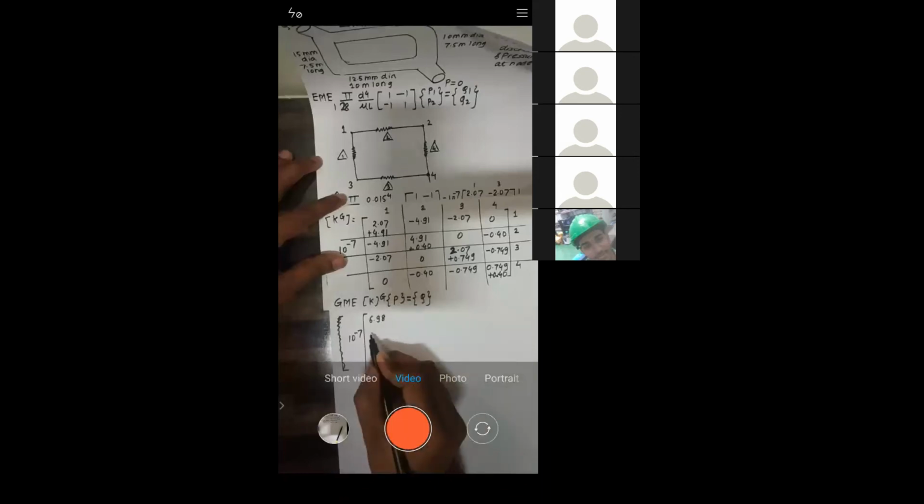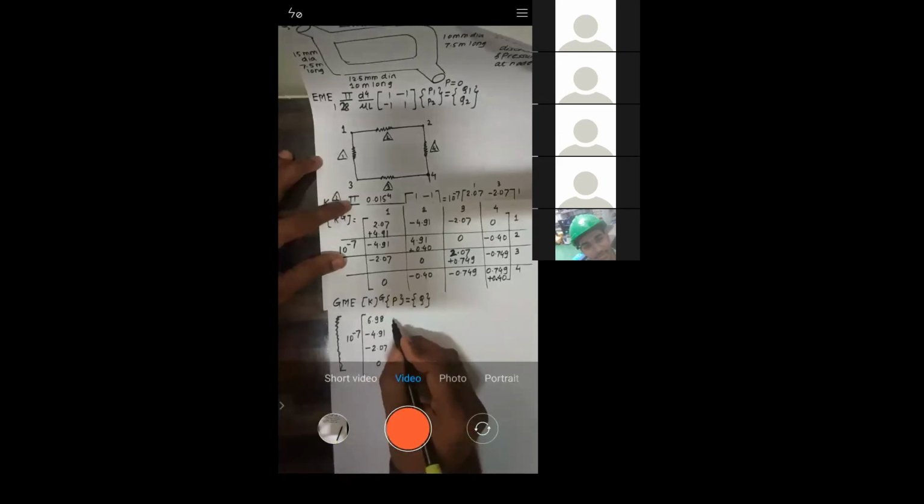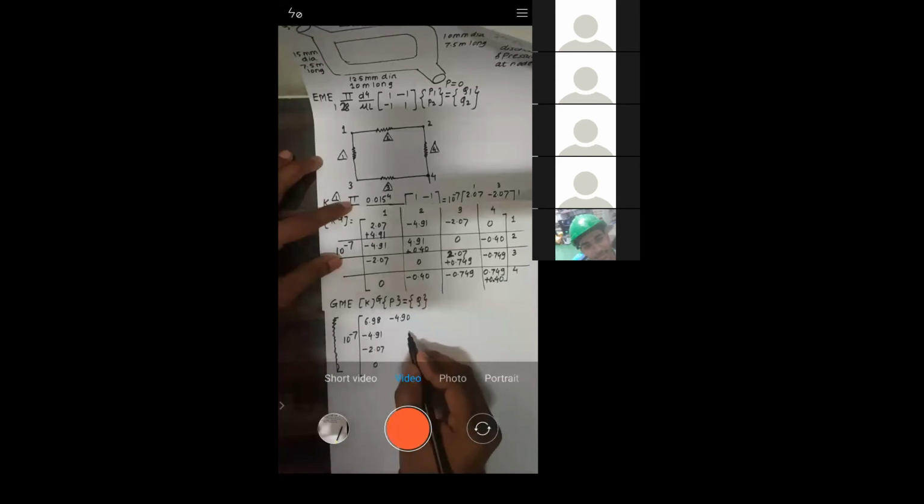6.98. Minus 4.91 minus 2.07, 0. Next, minus 4.91, this one, 4.91 plus 0.40, 5.31. Then this is 0, minus 0.40.